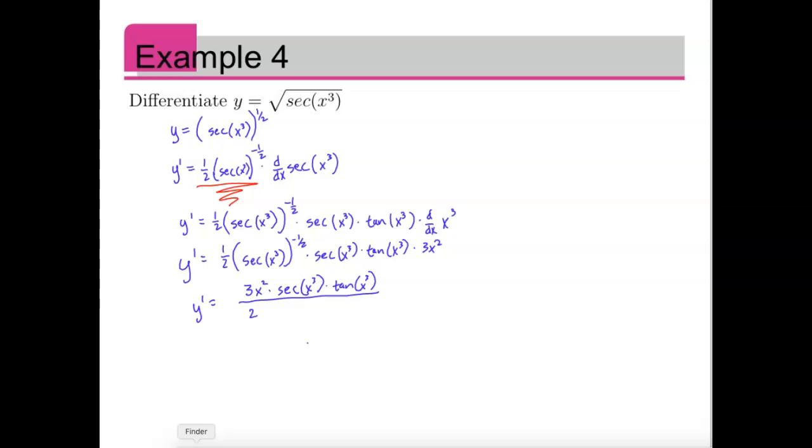That 2 is just from the 1/2, right? And then I would do root secant x cubed, and that comes from here. All right. That is it.